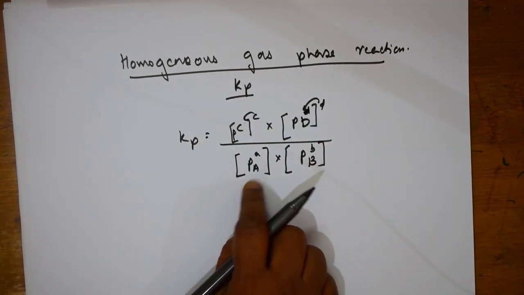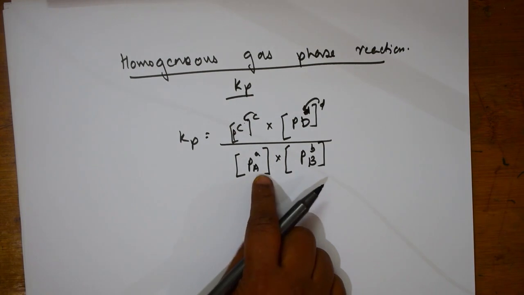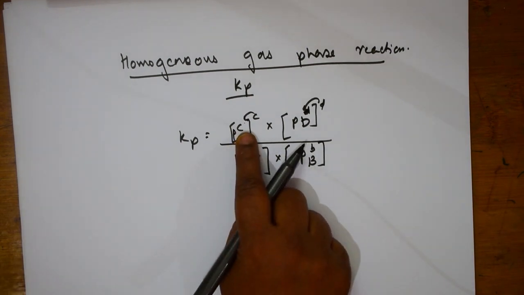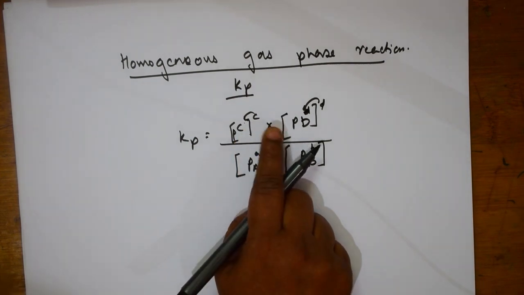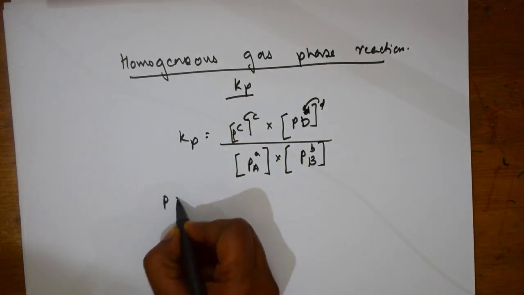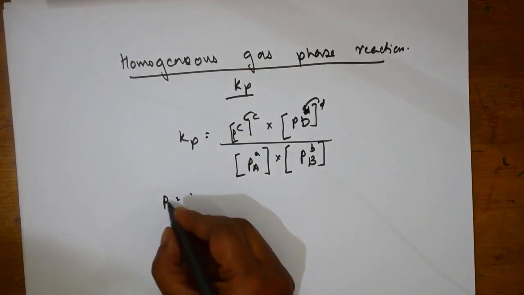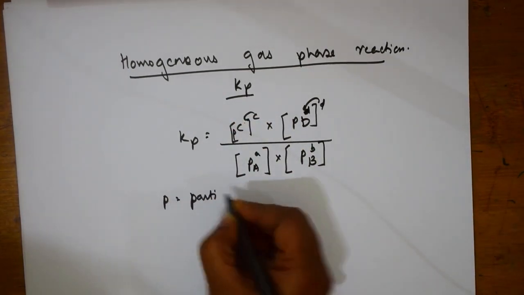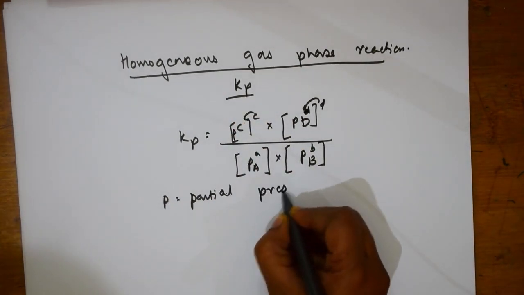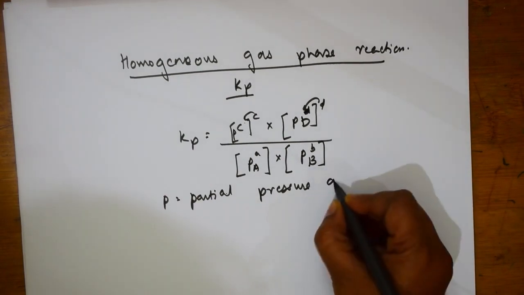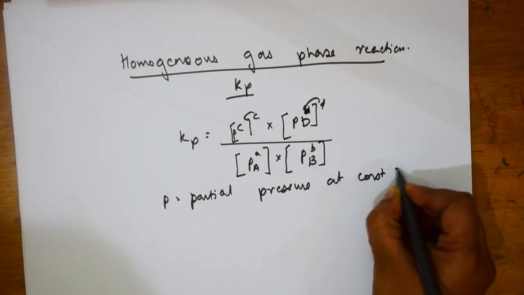Now what is this? For homogeneous gas phase reactions, the molar concentrations are directly proportional to the partial pressures. So all these P's, the concentrations, are directly proportional to partial pressure. P stands for partial pressure at constant temperature.